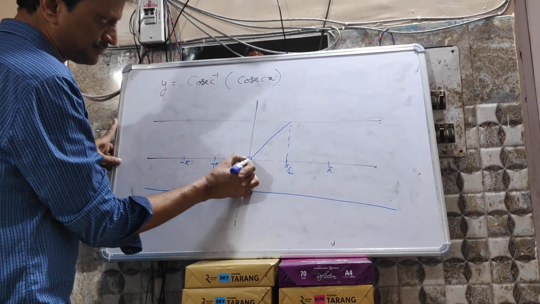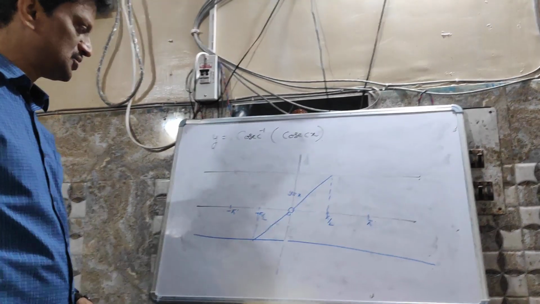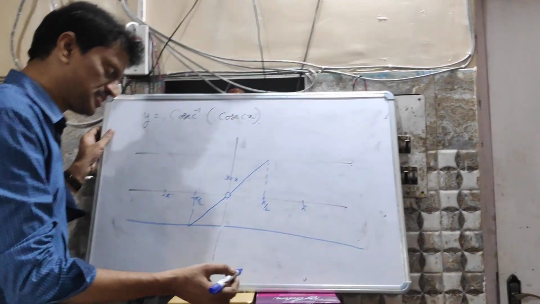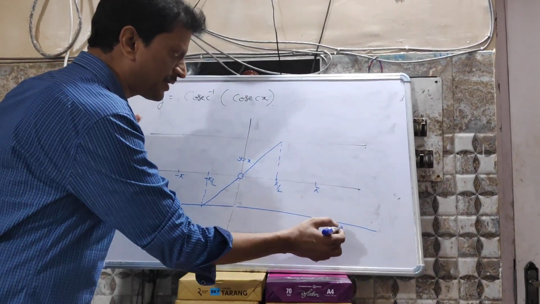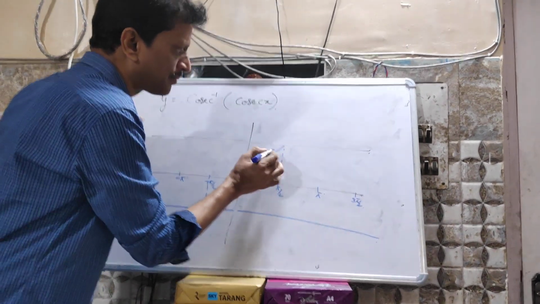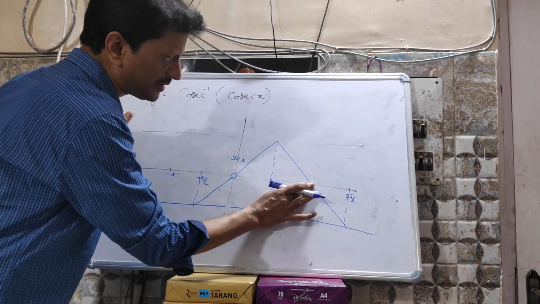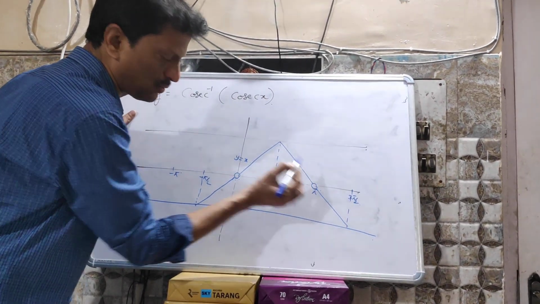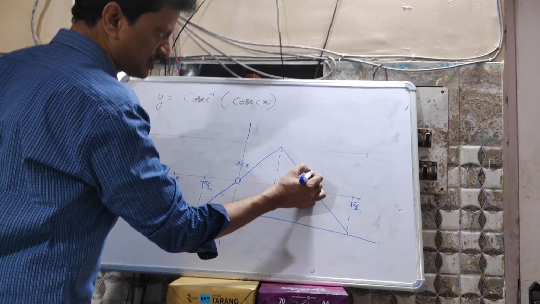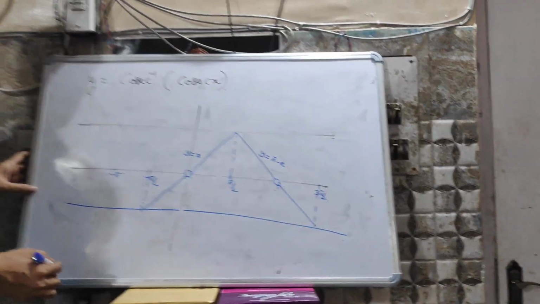So same y equal to x only, but it takes values other than 0. It cannot take 0 in the range. Same between pi by 2 to 3 pi by 2, you cannot take this pi, so take an open circle. This is y equal to pi minus x only. Same for other values also.